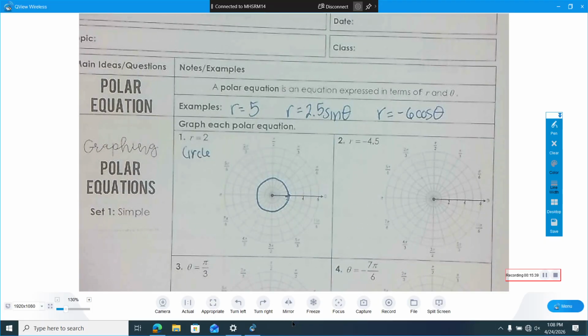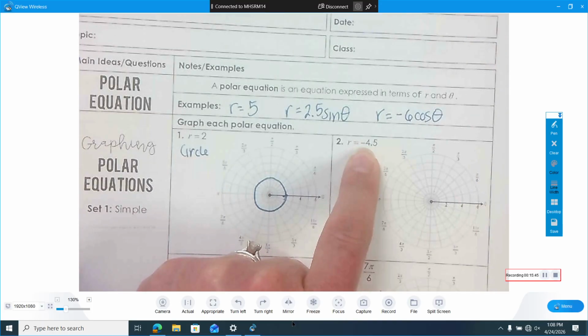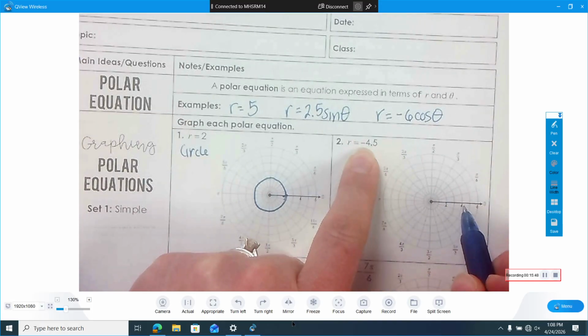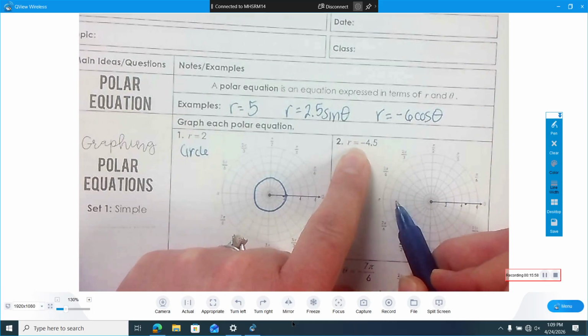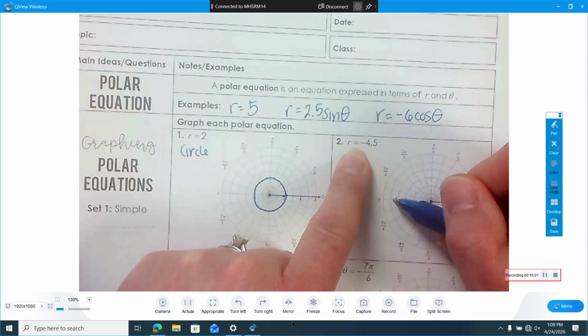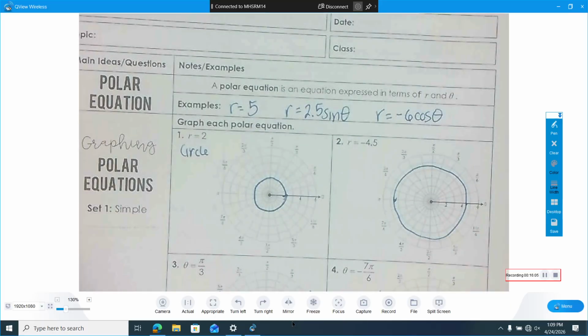What's r equals -4.5? Yeah. So the only difference is, if we were to graph 4.5 at theta of 0, we'd be right here at 4.5, but we're going in the negative direction. So it really starts this direction. It starts backwards, if you will. But it's still just a circle of radius 4.5. Regardless, positive or negative, still just a circle.